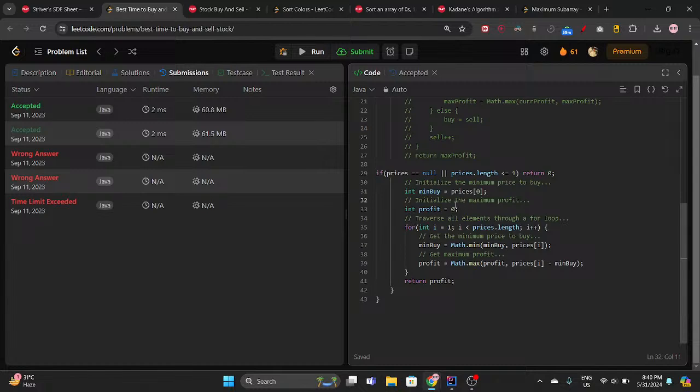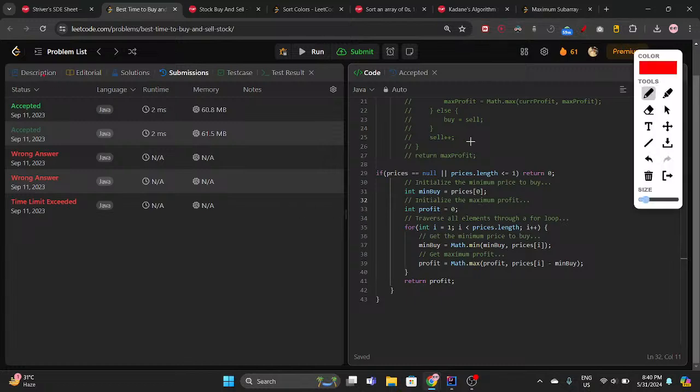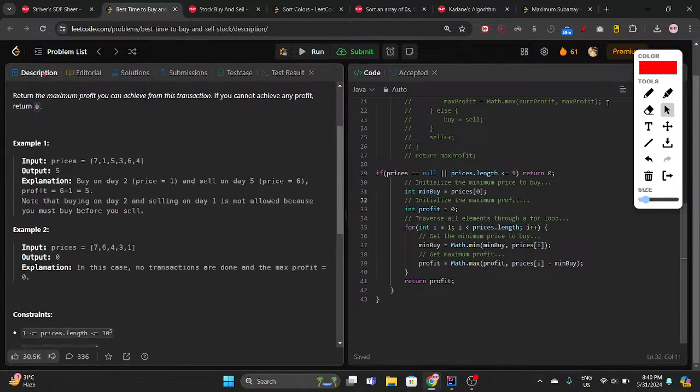So here what is happening? Let's go for the descriptive part. So buy is over here, but since there is nothing on the left, I actually start from here. So profit is less, so profit remains 0.